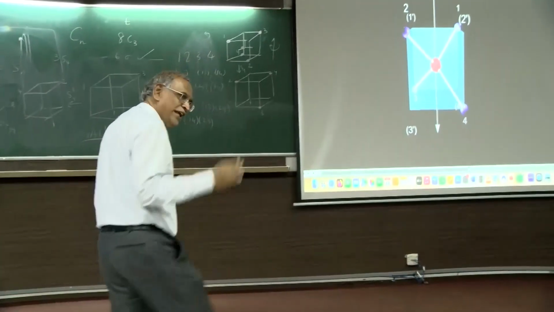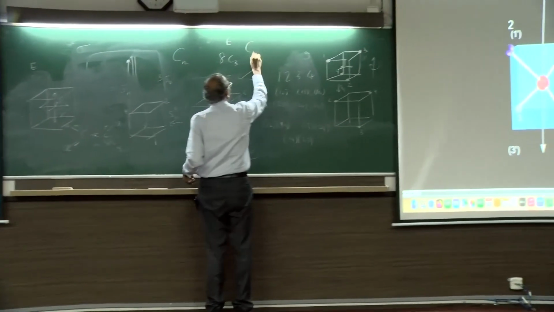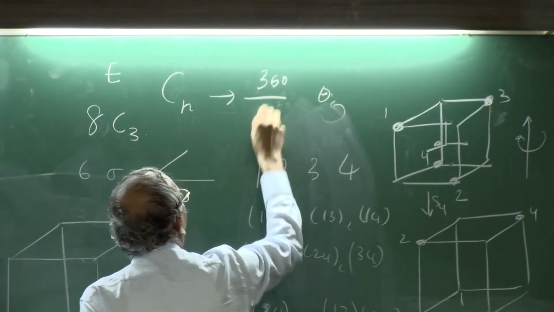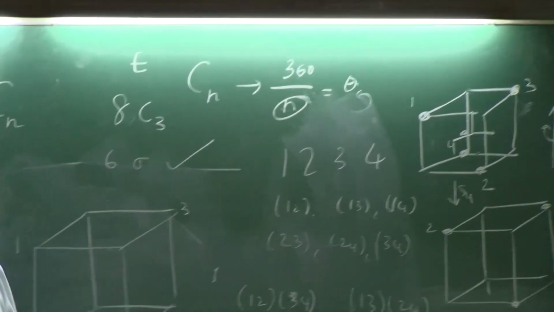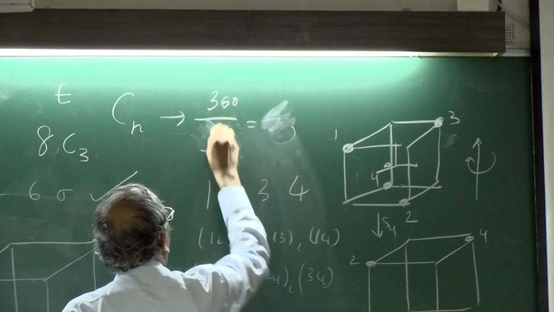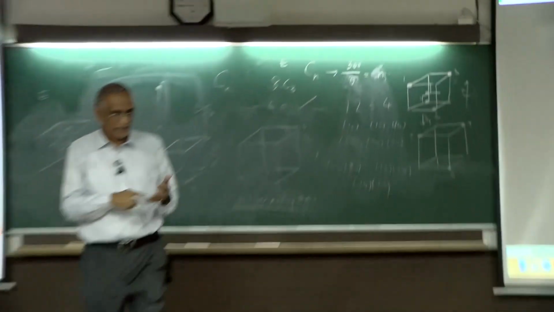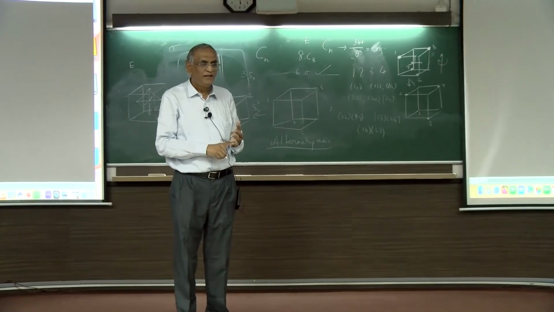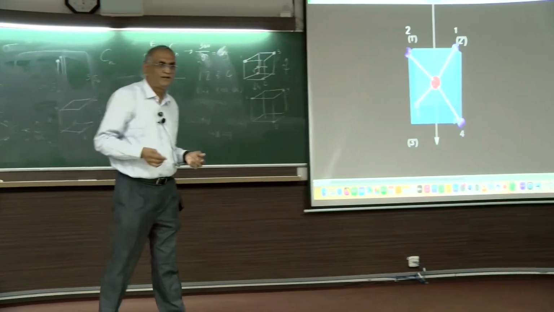What is n, by the way? The rotation angle theta is 360 divided by n, and n has to be an integer. So theta can be 60, 90, 120, 180. Why does n have to be an integer? Take a seven-fold molecule, a heptagon.